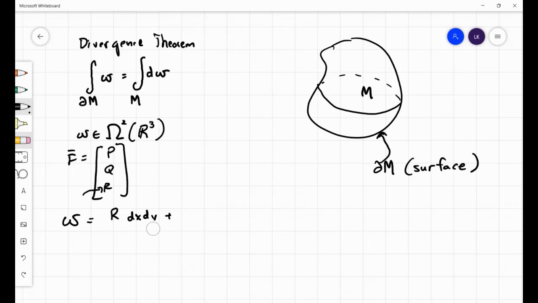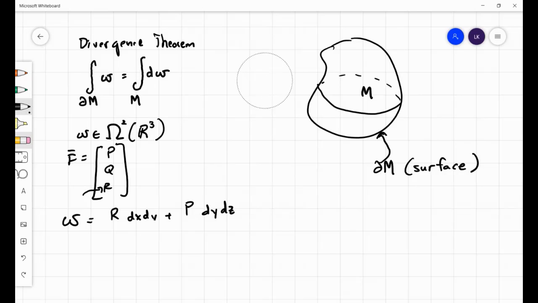And then you have dy dz. So what component of our vector field would get multiplied with dy dz? It'll be the x component, right? Because it's perpendicular. That's hard to describe, I guess.